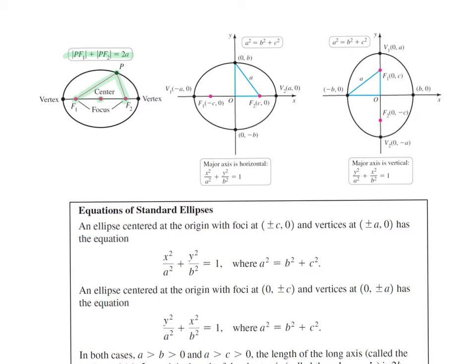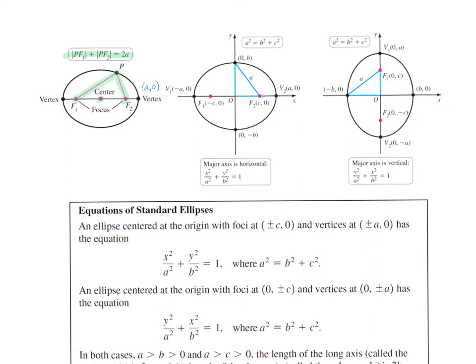a is one of your vertices. And here we're just concerned with ellipses that have a center at the origin, similar to the parabolas that we talked about that had a vertex at the origin. So again, your a value is just this point here on the x-axis in this first diagram.